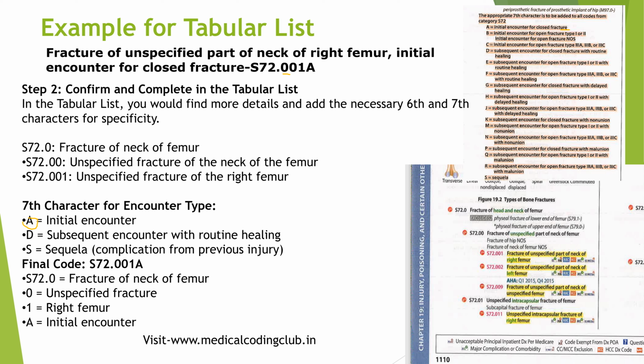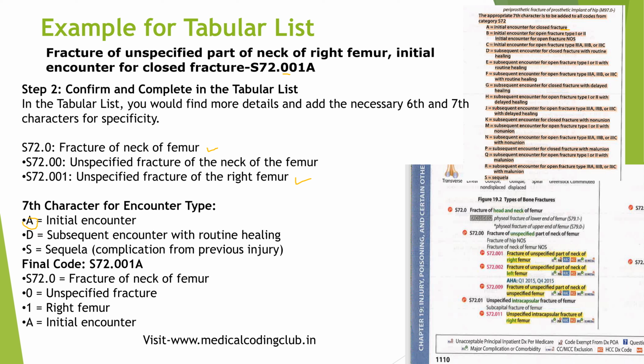S72.0 is for fracture of neck of femur, and S72.00 is unspecified fracture of neck of the femur, and I am adding the laterality 1, which gives right femur, and adding A, which gives the meaning of an initial encounter for closed fracture. So now I have the complete code, S72.001A, which is a billable code.